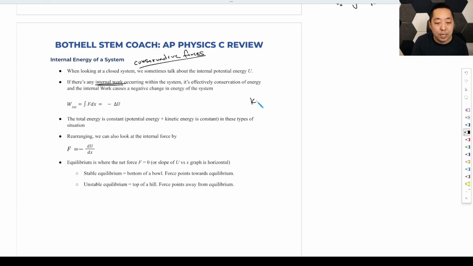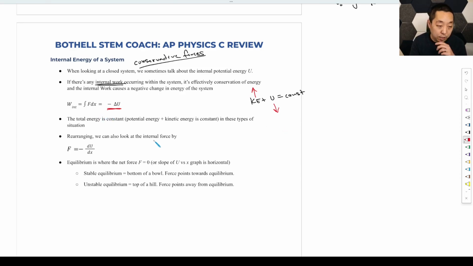That means the kinetic energy plus the potential energy is constant. So when we have internal work, it might cause a gain in the kinetic energy but a loss in the gravitational potential energy, or vice versa. That's why there's this minus sign in here: if it's positive internal work, it's going to increase the kinetic energy but decrease the potential energy of the system.